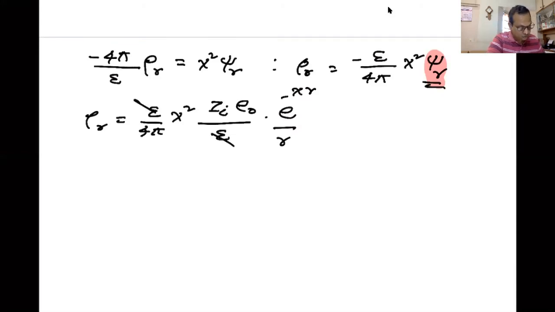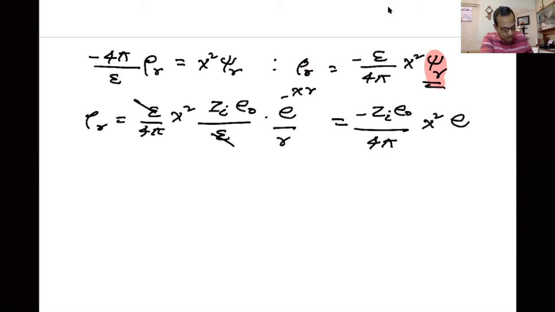Simplifying, I get minus zi e0 upon 4 pi, chi square, e raised to minus chi r upon r. See, this is my equation for rho r.